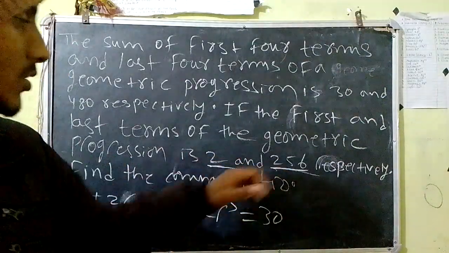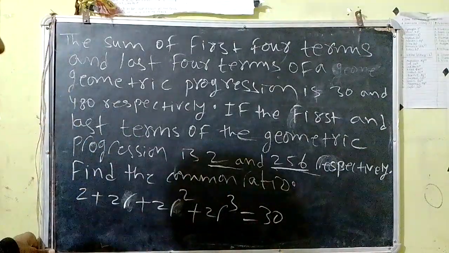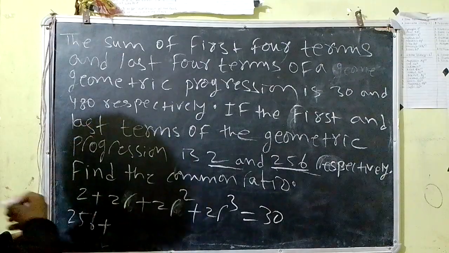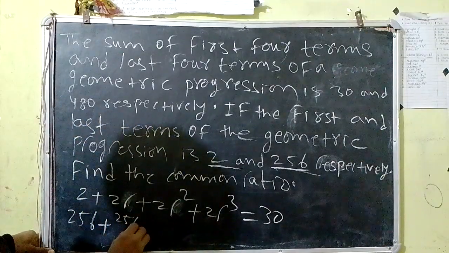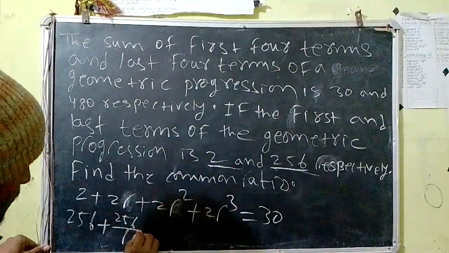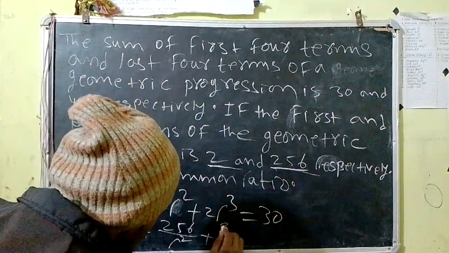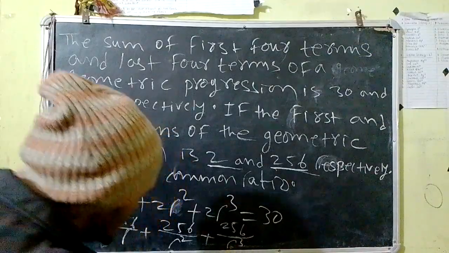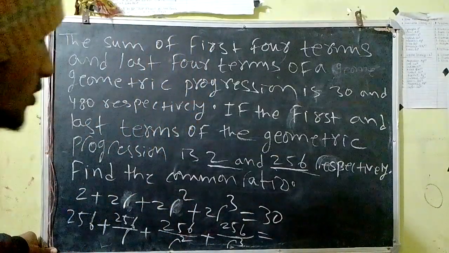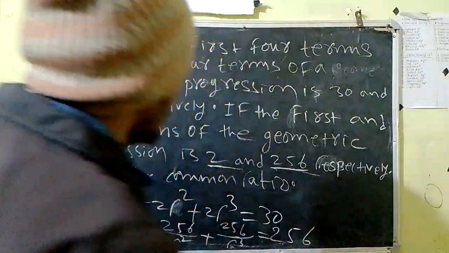So the summation of the last 4 terms means 256 plus the term before it, which is 256 divided by r, plus 256 divided by r squared, plus 256 divided by r cubed. Four terms, and they add up to 480.